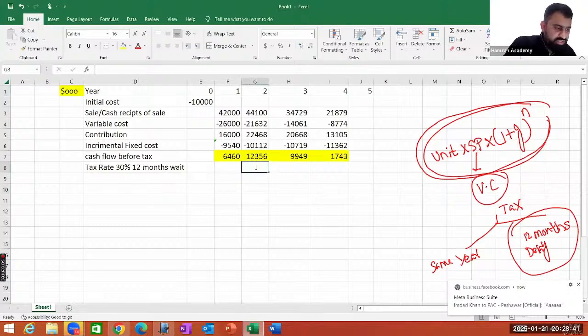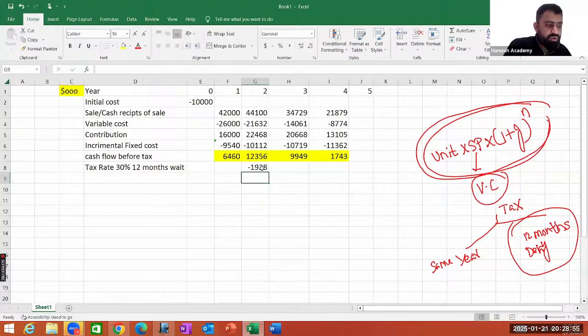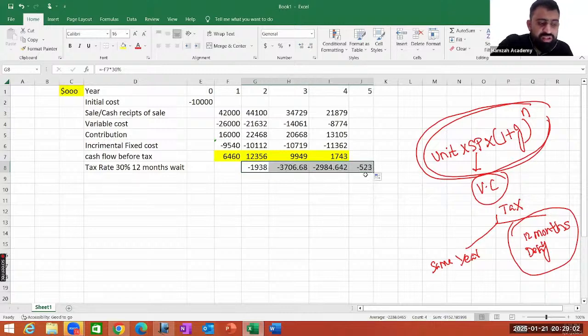So in that case, the tax relating to first year cash flow will be paid in year two. And the tax relating to year two cash flow will be paid in year three. And relating to year three will be paid in year four. And relating to year four, the tax will be paid in year five.